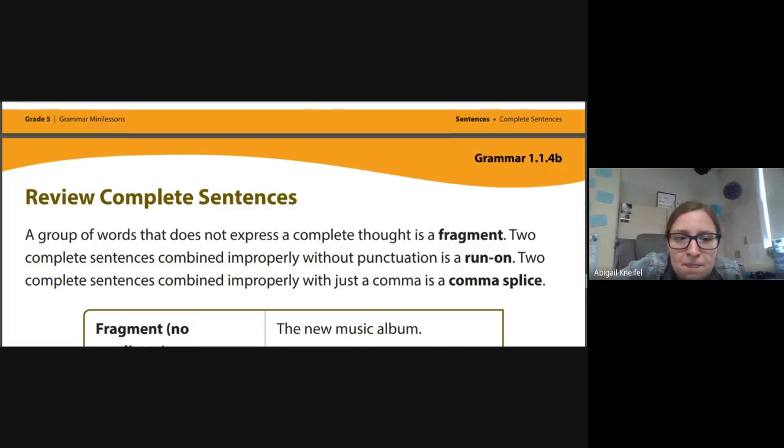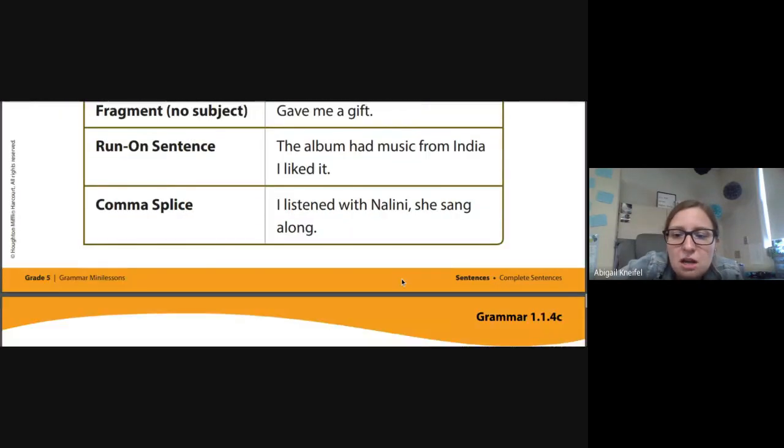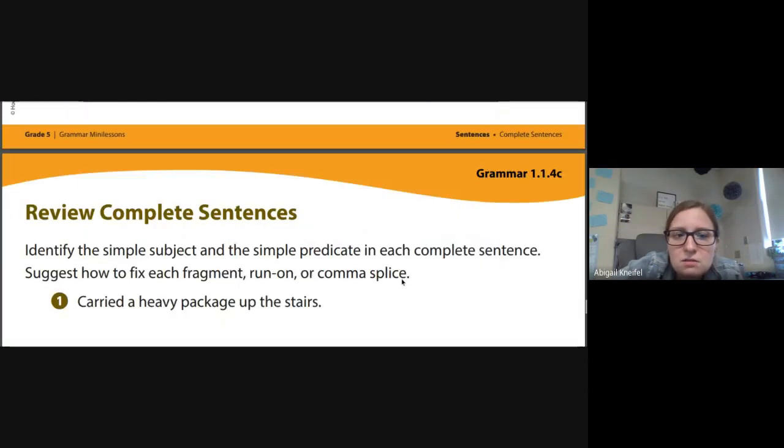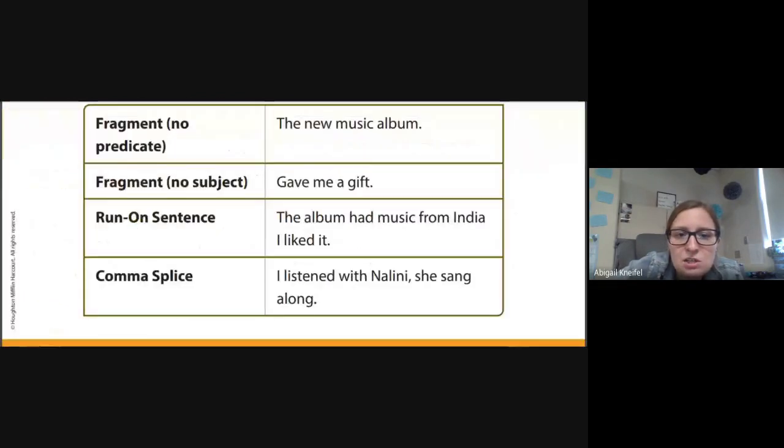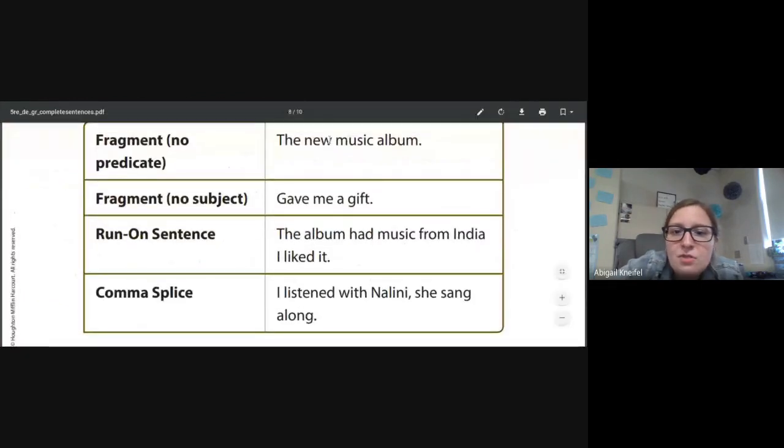All right. And then here is just a little chart. Anyways, here's just a little chart. So a fragment, the new music album, that's a fragment because it doesn't have a predicate. It just is telling us what it's about. Has no predicate. Gave me a gift. That has a predicate, gave, but there's no subject. Who gave it to me?